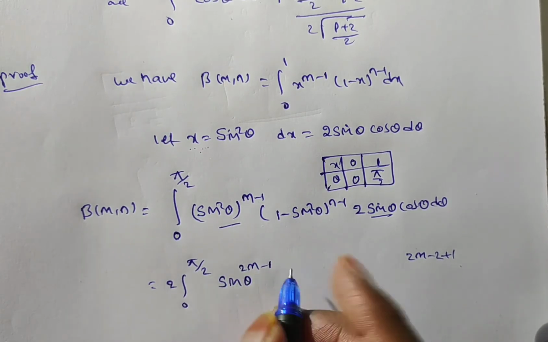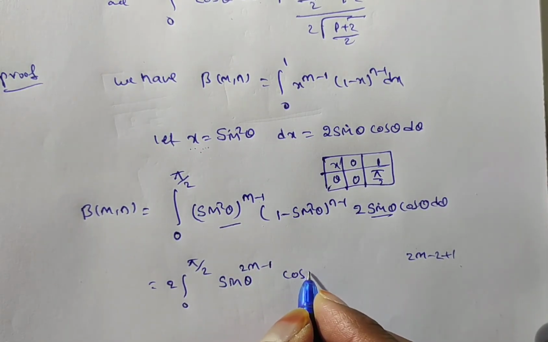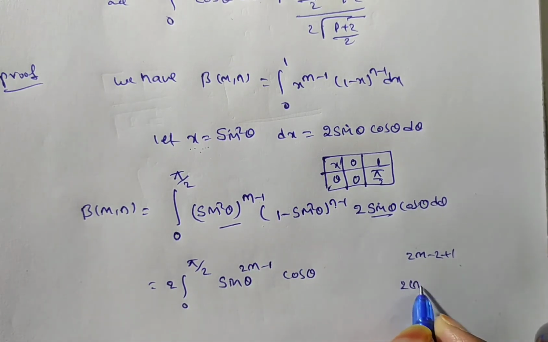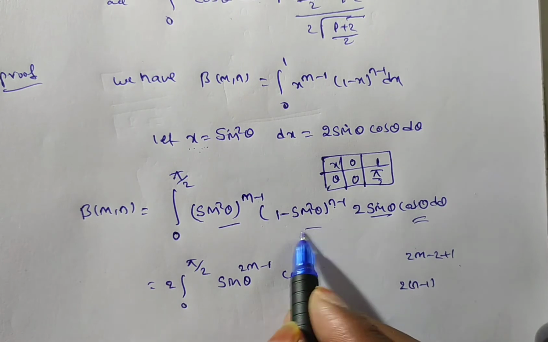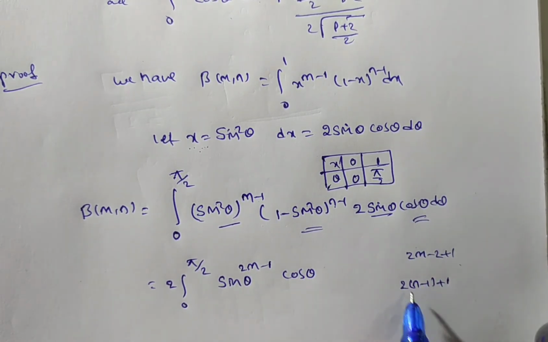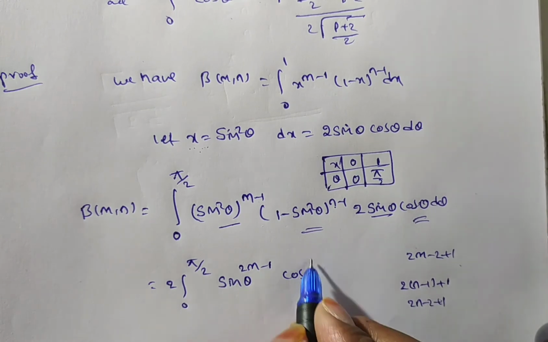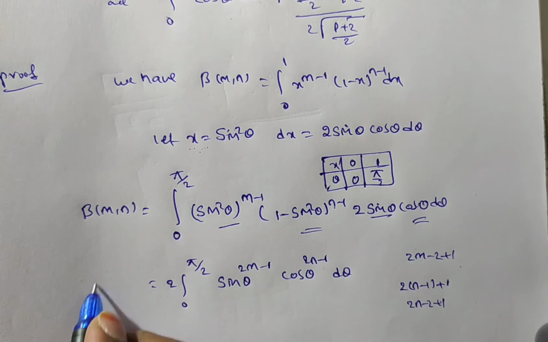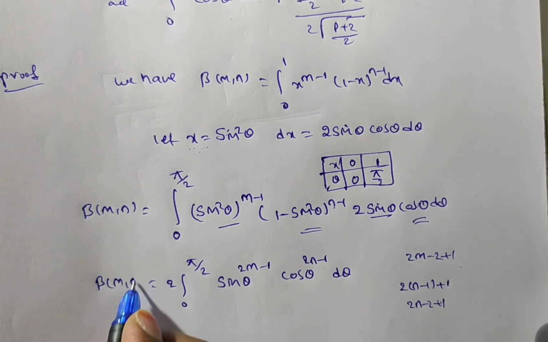Next, 1 minus sine square theta is nothing but cos square theta. Is it or not? Square power what you have? N minus 1. So 2 times n minus 1, and you have this one cos theta, which is cos theta power 1. So 2n minus 2 plus 1 is nothing but 2n minus 1 into d theta. This value is beta of m comma n.